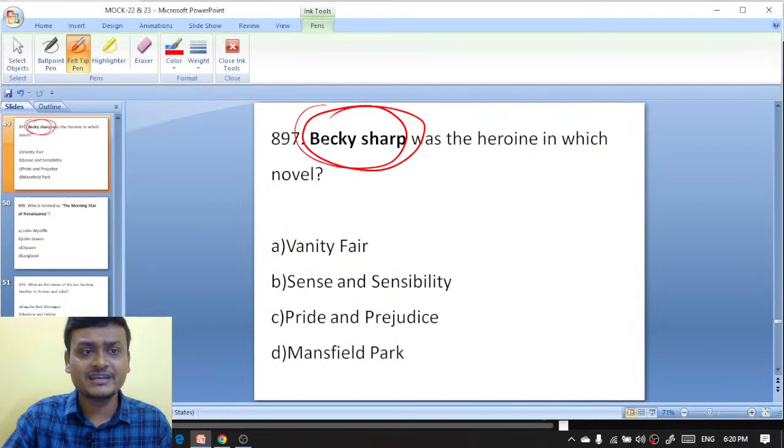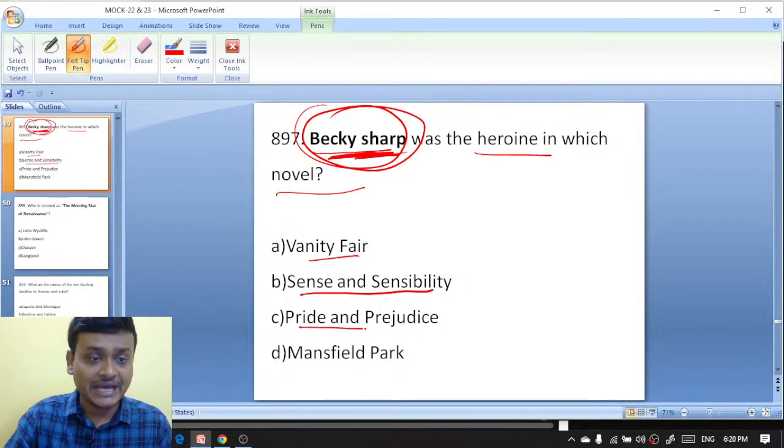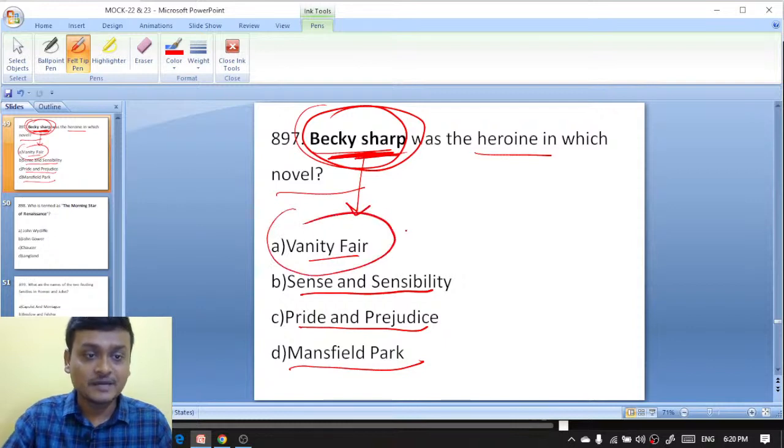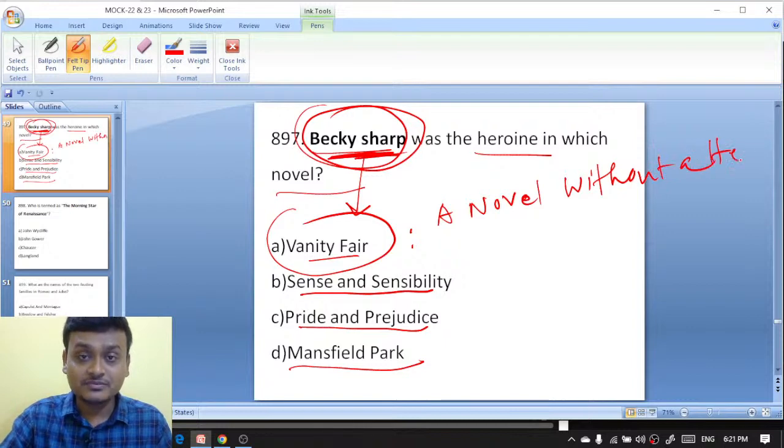Becky Sharp, the famous female character, was the heroine in which novel? Vanity Fair, Sense and Sensibility, Pride and Prejudice, Mansfield Park. Becky Sharp is a character from Vanity Fair, and its subtitle is A Novel Without a Hero, written by William Makepeace Thackeray.